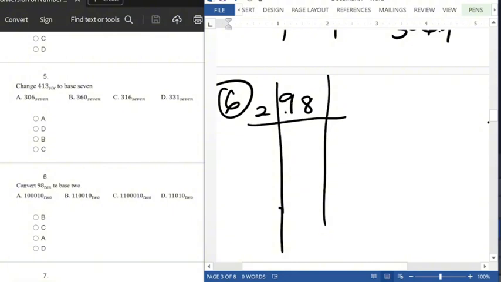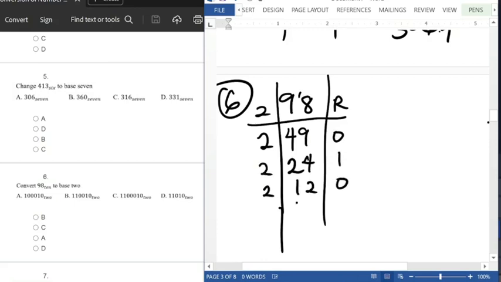2 in 98, that is 49, remainder 0. 2 in 49, that is 24, remainder 1. 2 in 24 is 12, remainder 0. 2 in 12 is 6, remainder 0. 2 in 6 is 3, remainder 0. 2 in 3 is 1, remainder 1.